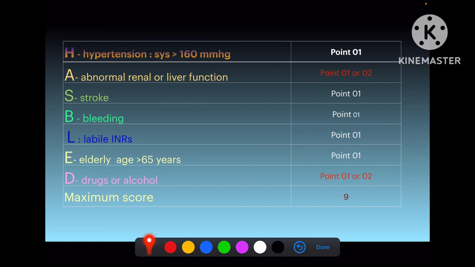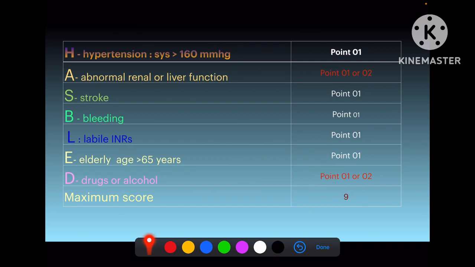Then the D component contains two categories. One is the drugs category, another one is alcohol. If your patient is on antiplatelet, anticoagulant, or NSAID, you have to consider that also a risk factor to develop bleeding. Then you have to give 1 point for that drugs category.